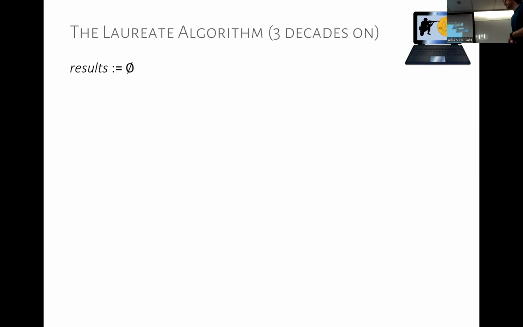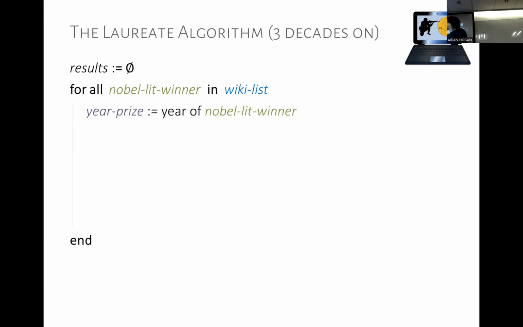So three decades on in the web, the way we would try to solve this query would be to start with no results. I have some pseudocode. For all the Nobel literature winners in the list on Wikipedia, we're going to extract the year of the prize, the year they won the prize.